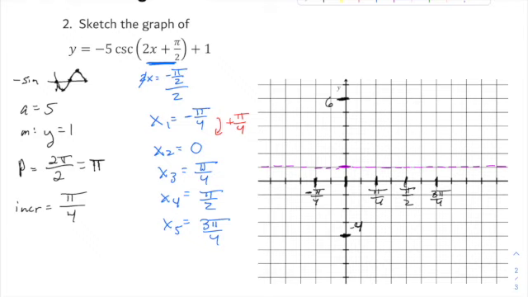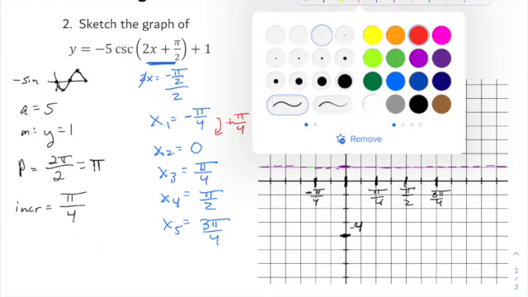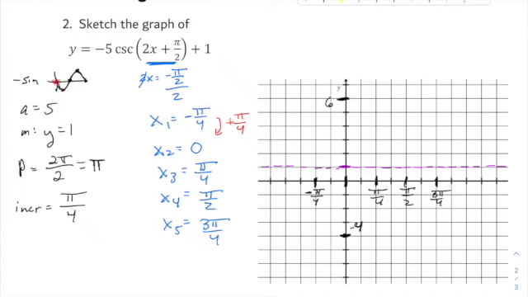Okay, so that first key point here would be right on the midline, right? So at negative pi over 4, you would be right on the midline at a y value of 1. At 0, you would be at the bottom of the trough. So at 0, we're going to be at negative 4. Pi over 4, you're going to be on the midline.